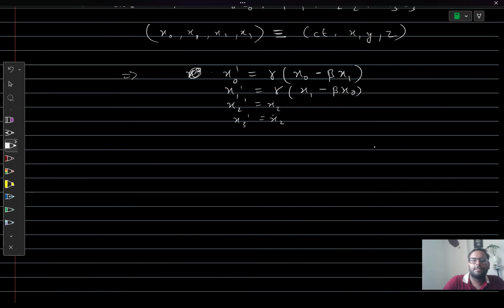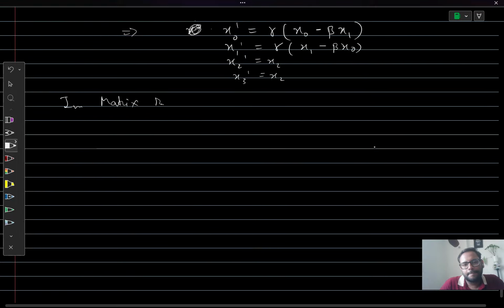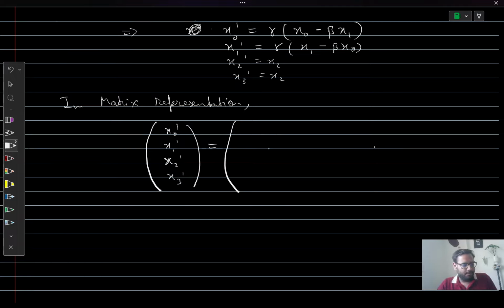You can define a matrix out of it, in matrix representation. This is x0 prime, x1 prime, x2 prime, x3 prime. What will the matrix look like now?